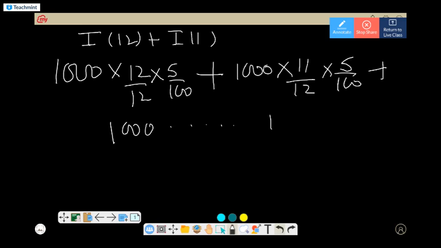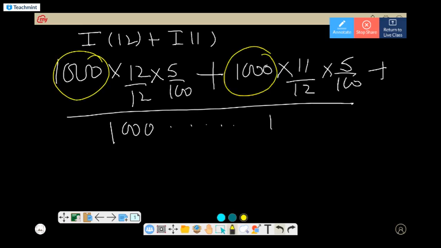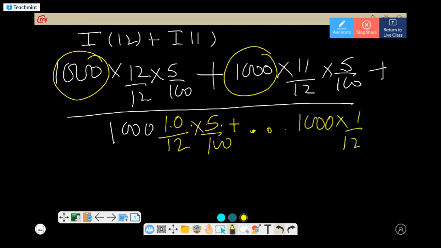Yes, let's say this is 10 by 12 into 5 by 100, and so on. I'm putting dot dot dot because I'm not writing for the 9th, 8th, 7th and so on. I'm directly writing for the first month, which is 1000 into 1 by 12 into 5 by 100.